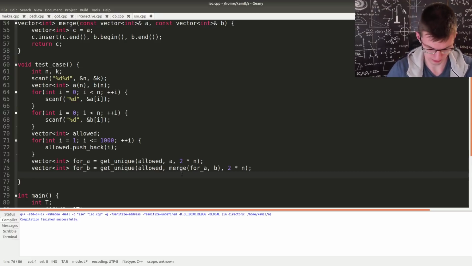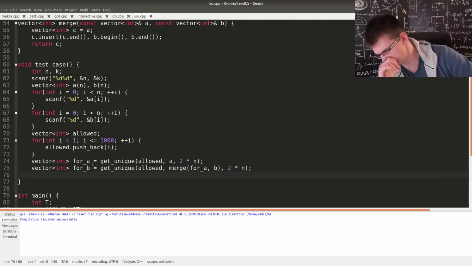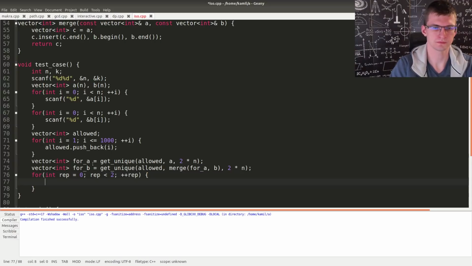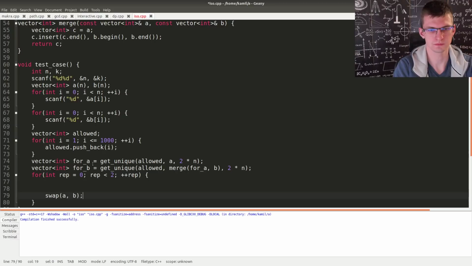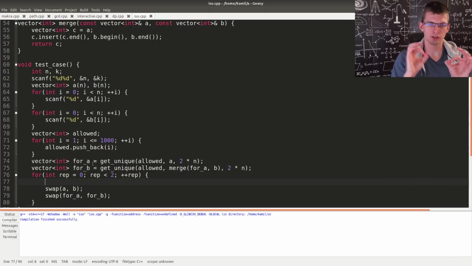Okay, they will use only those. Now let's work with a. Let's try to make a as different numbers as possible.